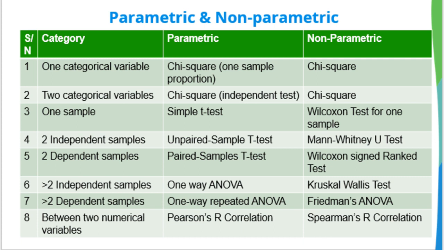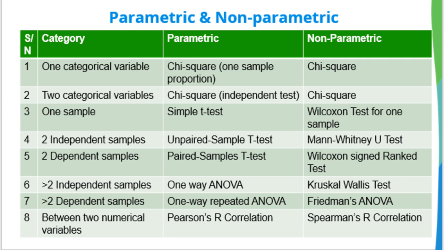So the independence: can one particular data value be predicted based on the value of the other? Are they dependent on each other? That is called the test of independence. So under that is chi-square. Chi-square is good for both parametric and non-parametric because it's not actually testing numerical data.